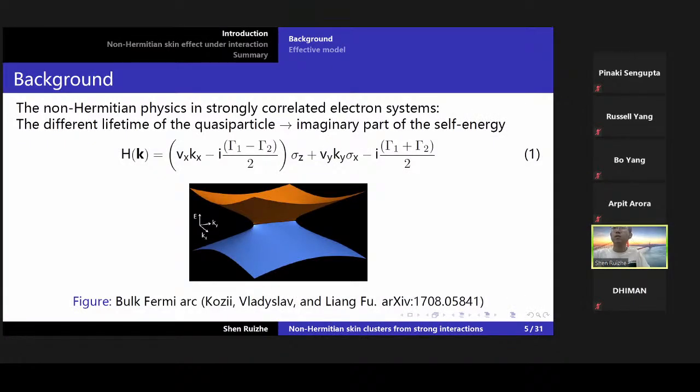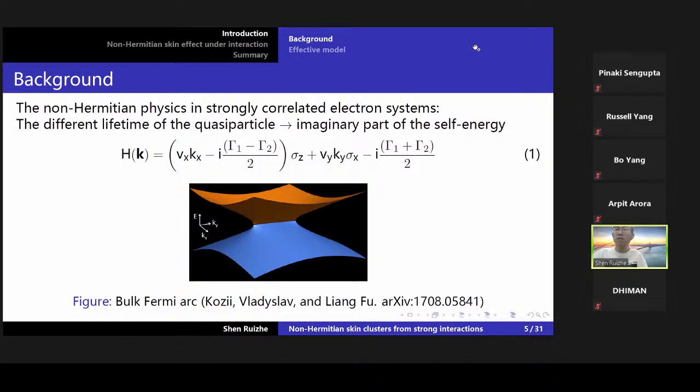Let me give an example of an interacting system. This is a famous example of a non-Hermitian interacting system. The non-Hermiticity comes from the energy matrix. It will result in the well-known bulk Fermi arc.